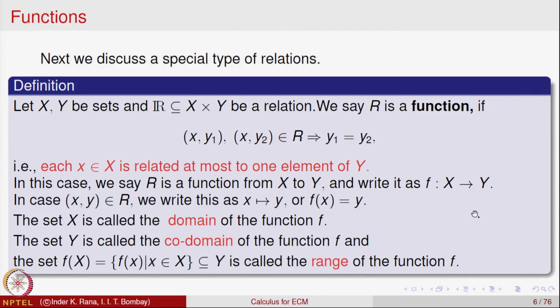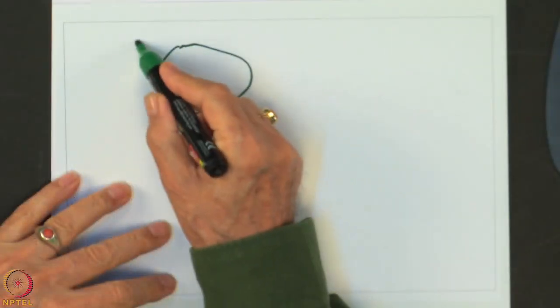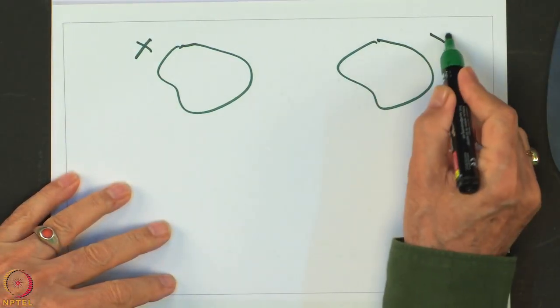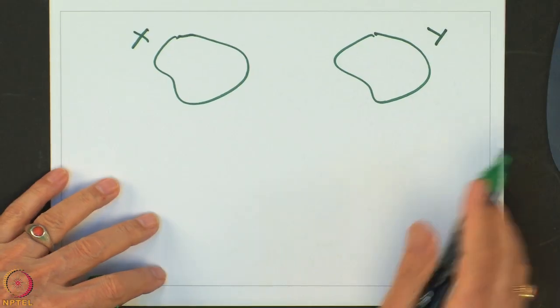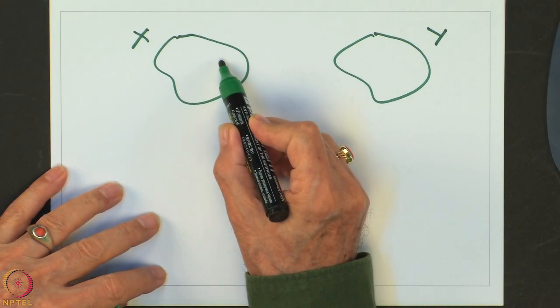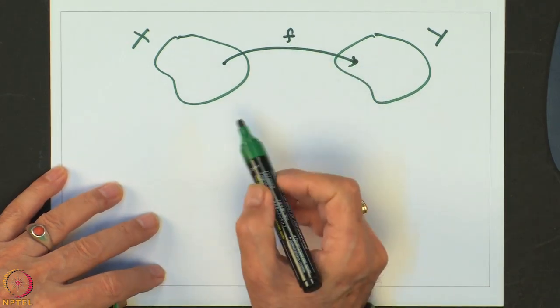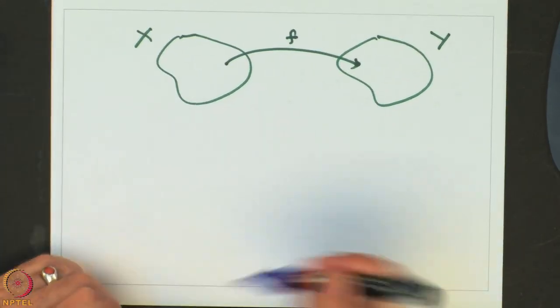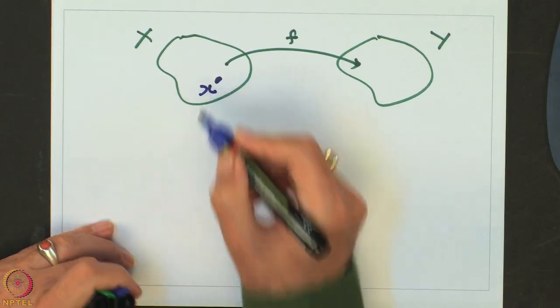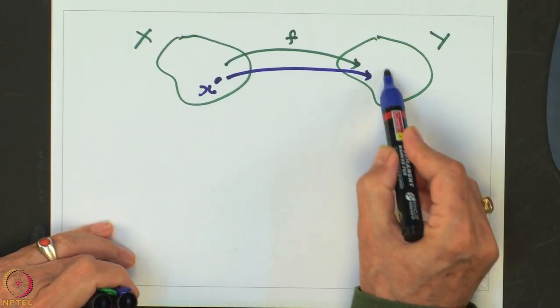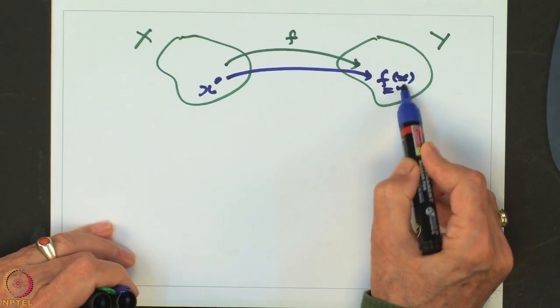Let us try to understand a bit more, so that the concept of function is quite clear. Intuitively, let us try to represent it geometrically. This is the set X and this is the set Y. You can think of a function as some kind of association f. What it does, it takes a point x and takes it to a point f of x, that is y.